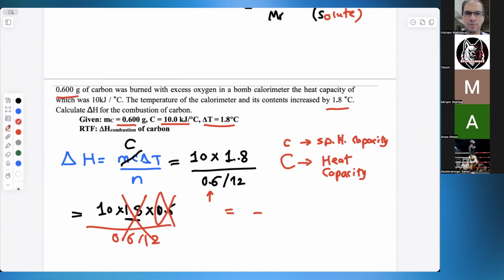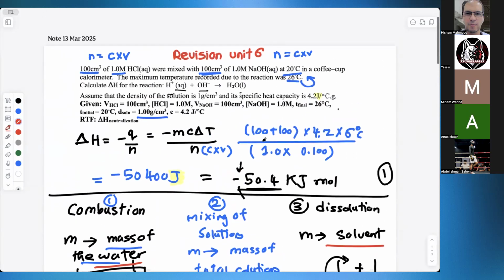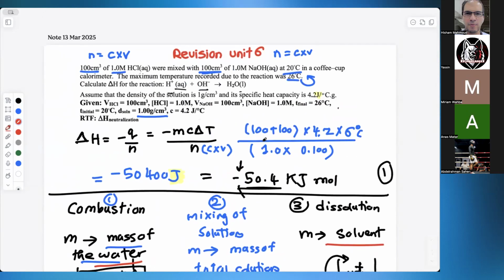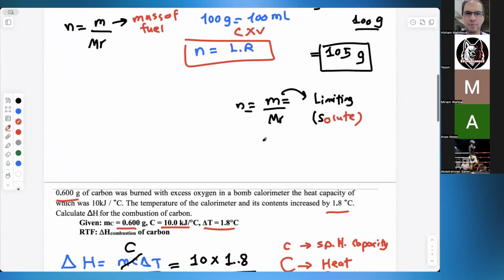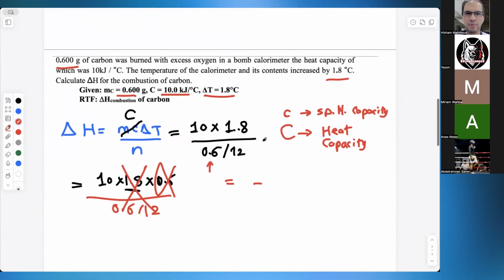Again, the sign is negative because it is a combustion reaction. Anything where he says energy is released, or temperature increased, so from 20 to 26 you can see the temperature increased, or he says it's an exothermic reaction by any means, we have to use the negative sign in the answer.